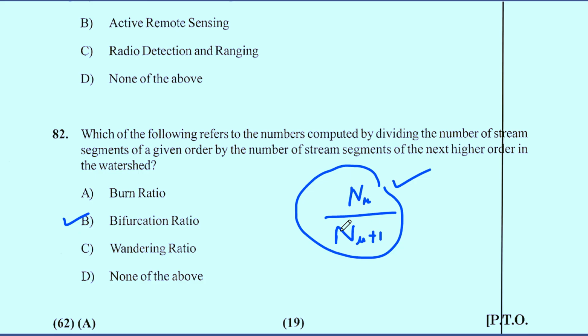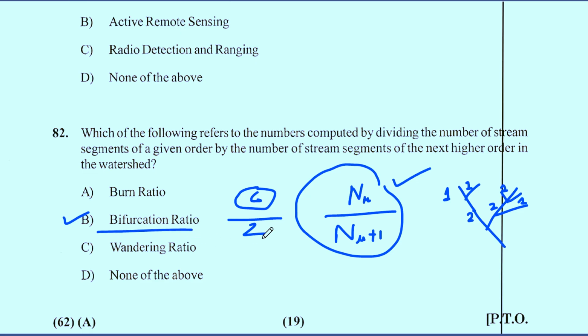Suppose this is the first order; how many streams are there? We can write it on top, divided by the next order. Suppose one meets one, we will get 2. In this way, how many first order? 1, 2, 3, 4, 5, 6 or something. From this we will get a bifurcation ratio.